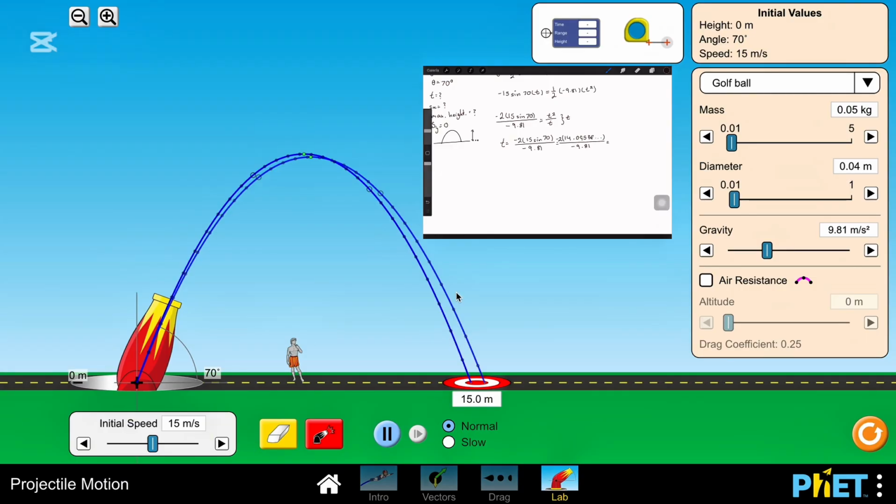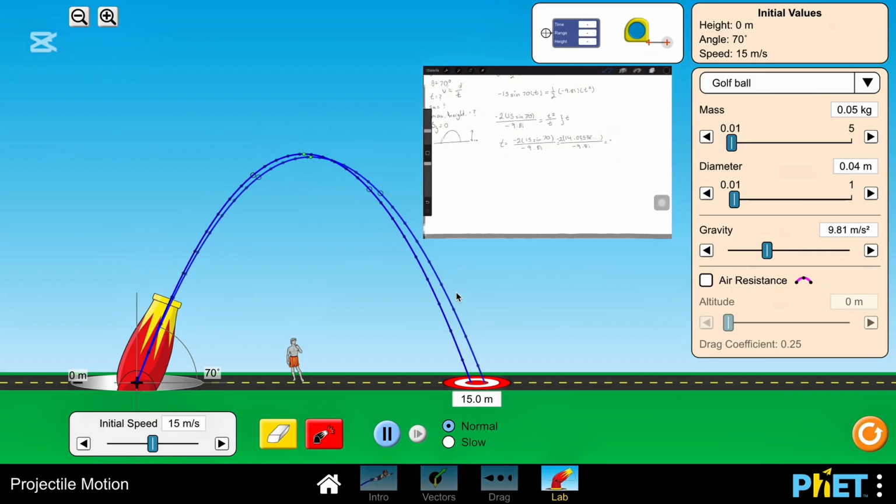And this should be 2.8736777739, which means the time is approximately 2.8737 seconds. Okay, it's looking good. So we got the time, and our next step is to calculate how far it traveled.